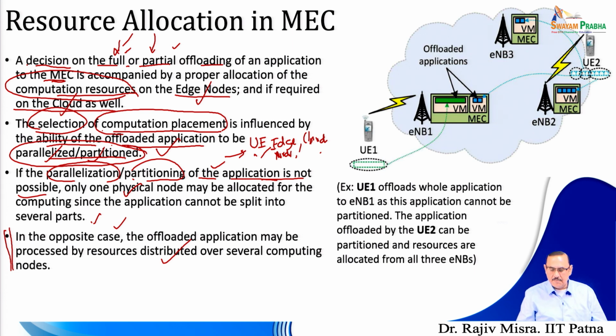So, in this example you can see the user equipment 1 and its requirements of the application. Similarly, you can see user equipment 2 and its application requirements for the computing needs. Now, whether these applications can be partitioned or not: here, let us say this one is partitioned.